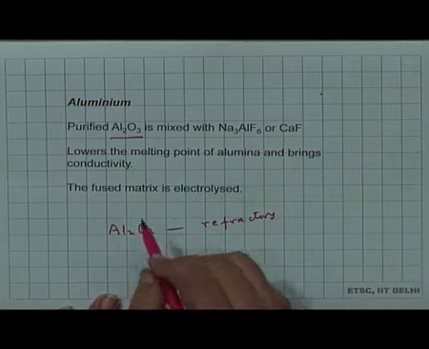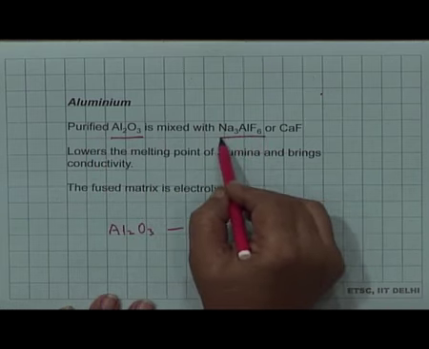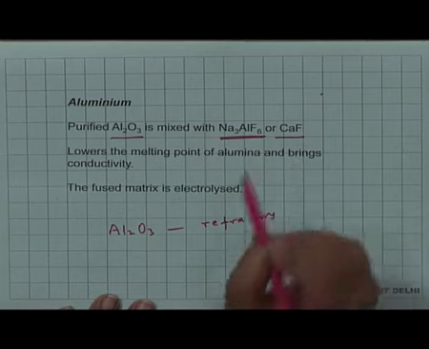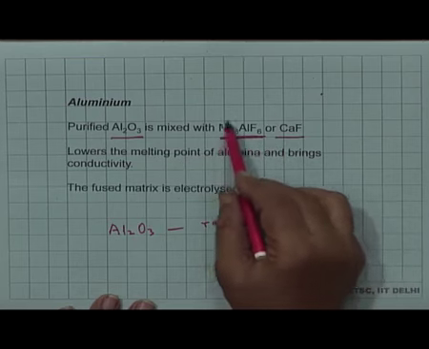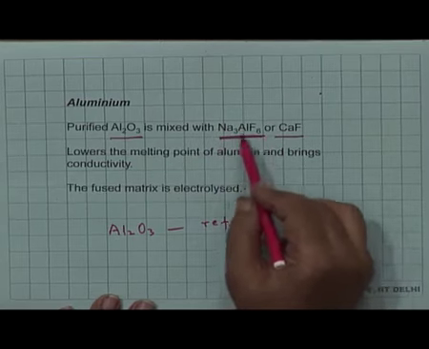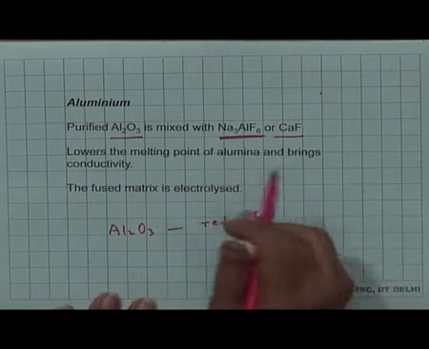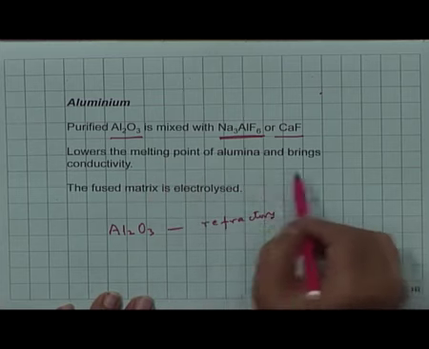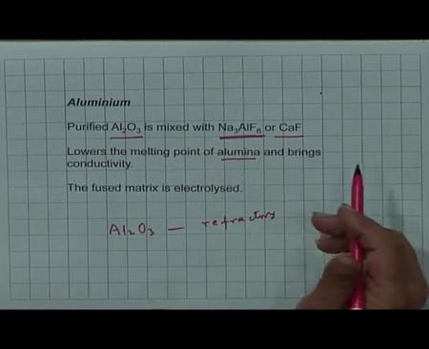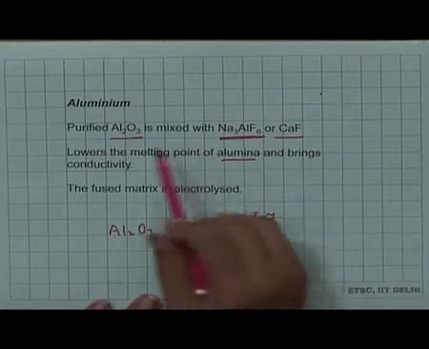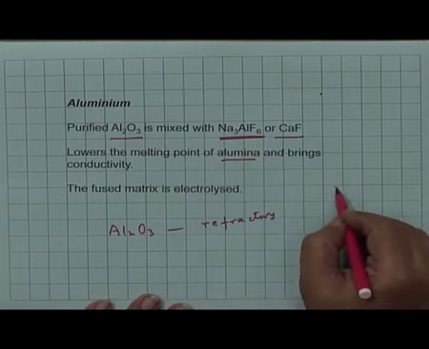So what do we do? We dissolve alumina in calcium fluoride and a complex of aluminum with fluoride ion. This brings conductivity into the melt, and this also dissolves alumina. So alumina is in a molten state.